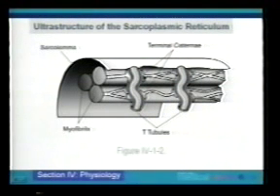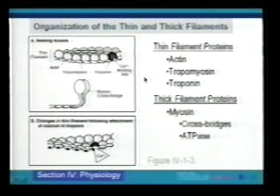Now, these terminal cisternae approximate the T-tubular system. What I want to emphasize is that most of the calcium stored in the sarcoplasmic reticulum is stored very close to the T-tubular system. Those are the only points I want to emphasize about the membrane system in skeletal muscle, and that material will also apply to cardiac muscle.